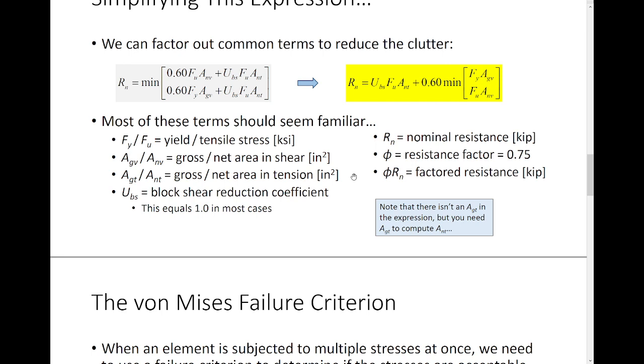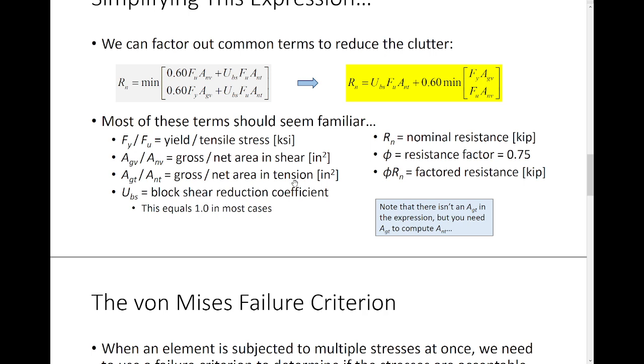But if you look at the equation, a lot of this is stuff we've already been dealing with. Agv, Anv, Agt, Ant. It's just the net area and gross area in shear, the net area and gross area in tension. Fy, Fu, etc. There is one number that's sort of thrown in there, which we'll talk about next time, this 0.6.